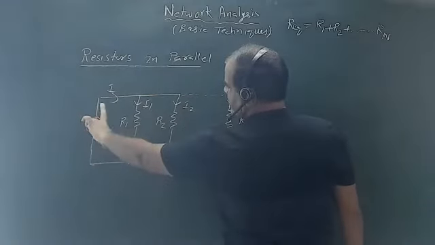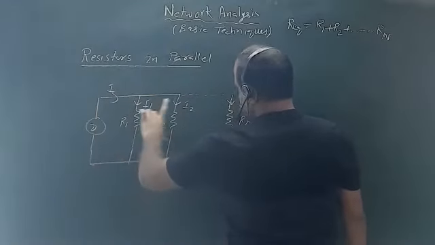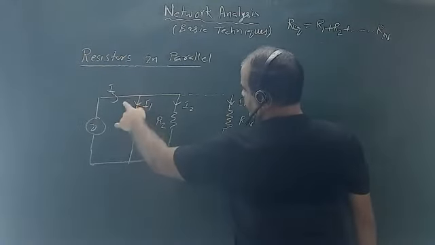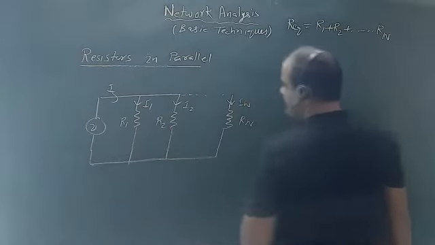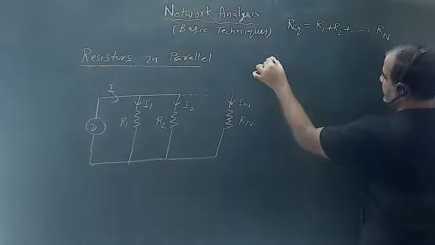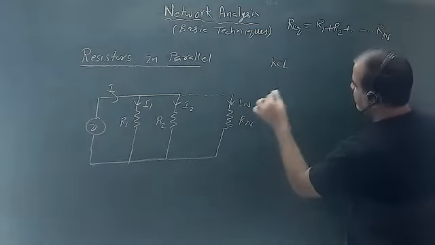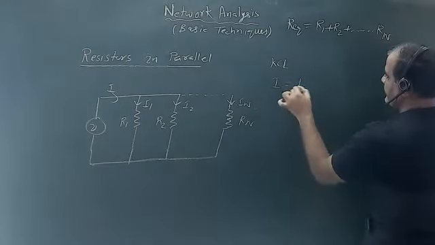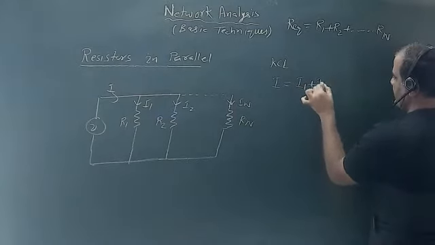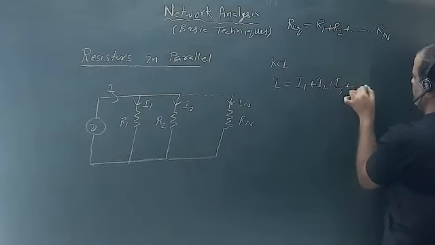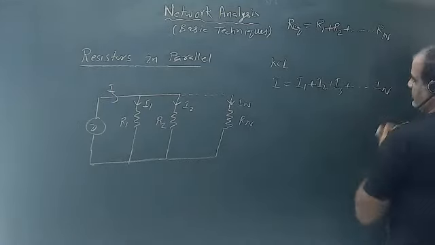so voltage drop across all the resistances will be same. So I can apply KCL here, because current I is coming and it is dividing into I1, I2 plus In. So it will give me I equals I1 plus I2 plus I3 and so on In.